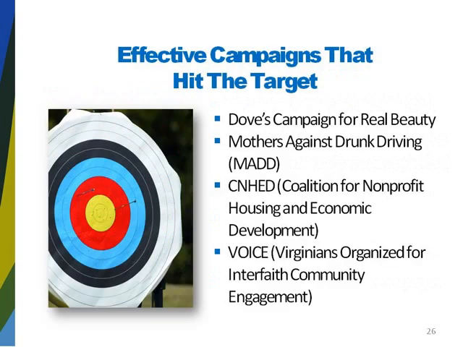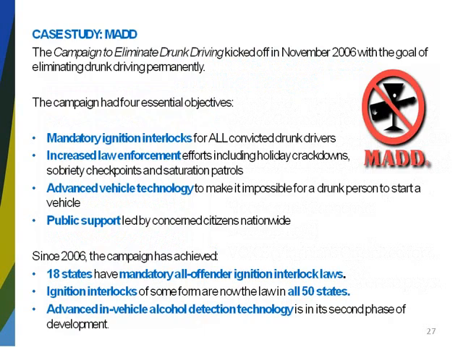So I wanted to just give you a couple of examples of some campaigns that have really worked, and we all know about MADD, Mothers Against Drunk Driving. They've been working since 2006. Well, they've been working longer than that, but they unleashed a campaign to get certain things passed in legislatures around the country: mandatory ignition interlocks, increased law enforcement, advanced vehicle technology, and to get concerned citizens behind this.